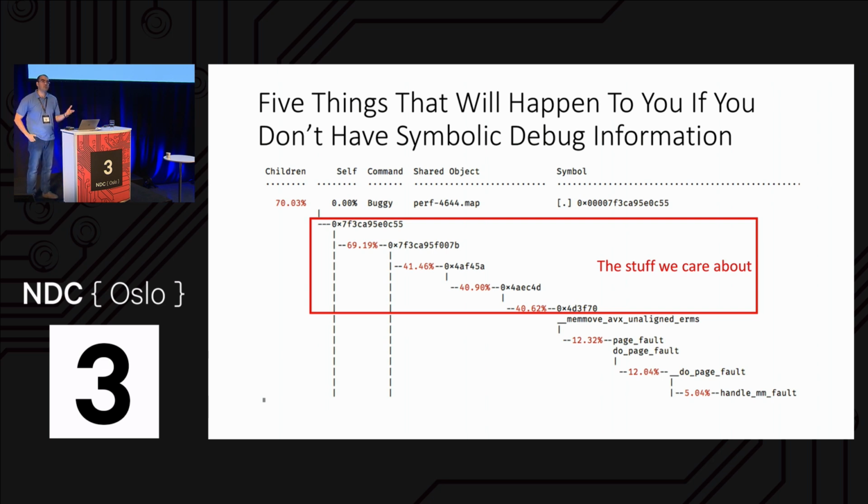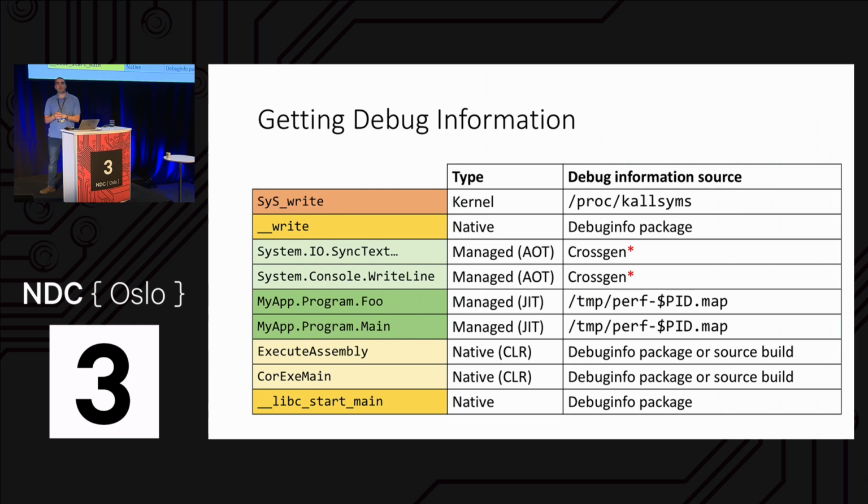If you're doing this on Windows, a lot of times the tools are taking care of this for you. But in Linux, the whole story is such that you actually have to think about this yourself. So for different kinds of code, there are different sources of symbolic information, which translates numbers, these hex addresses, to function names that you can actually read and use.